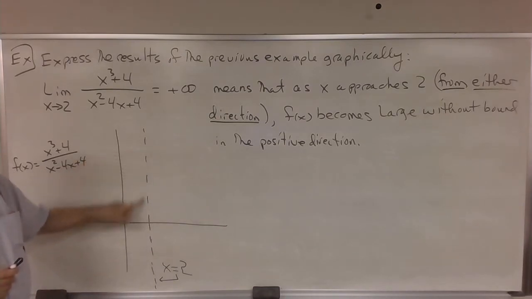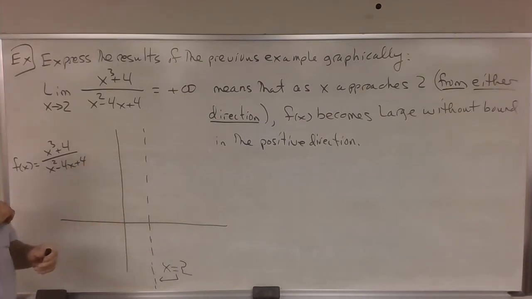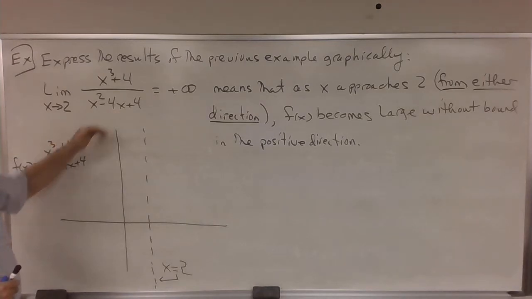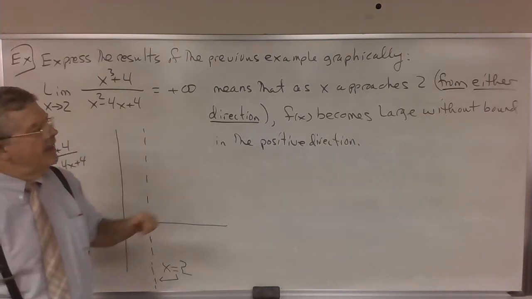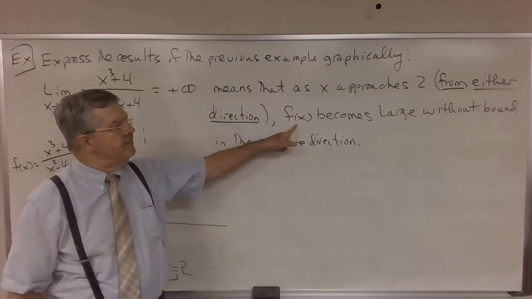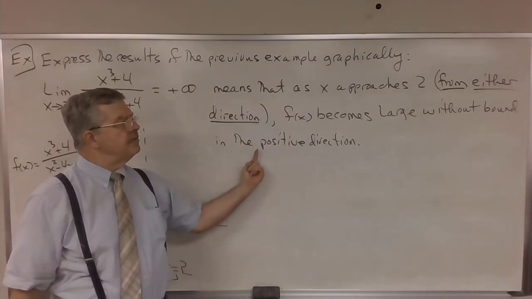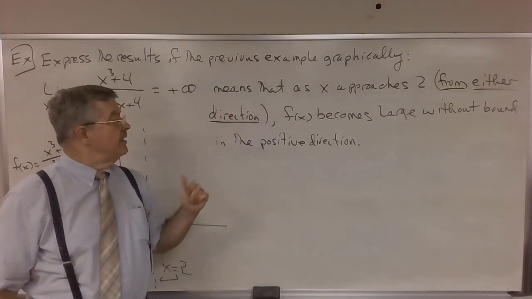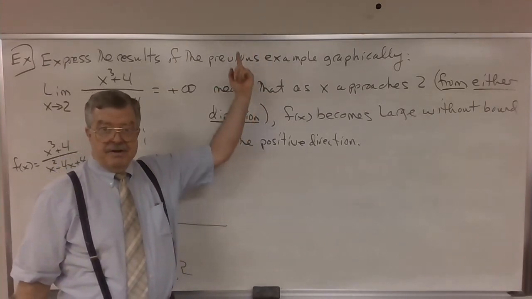Here's the line x equals 2. It's a vertical line. And our limit tells us that as x approaches 2 from either direction, f of x, the y value, is going to become large without bound in the positive direction. So y is going to go to infinity.